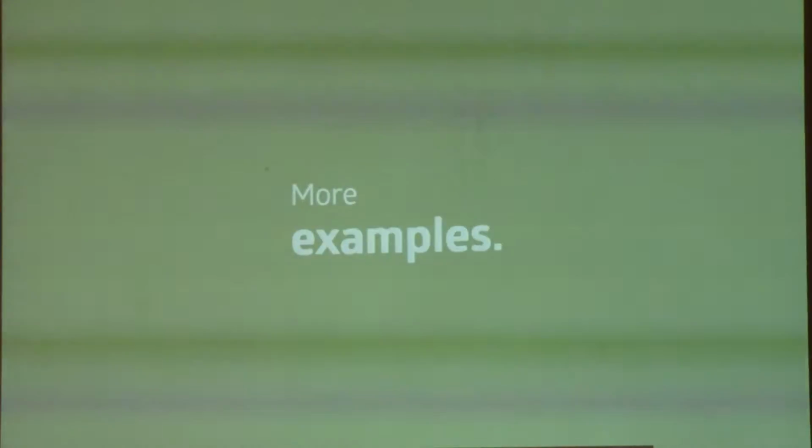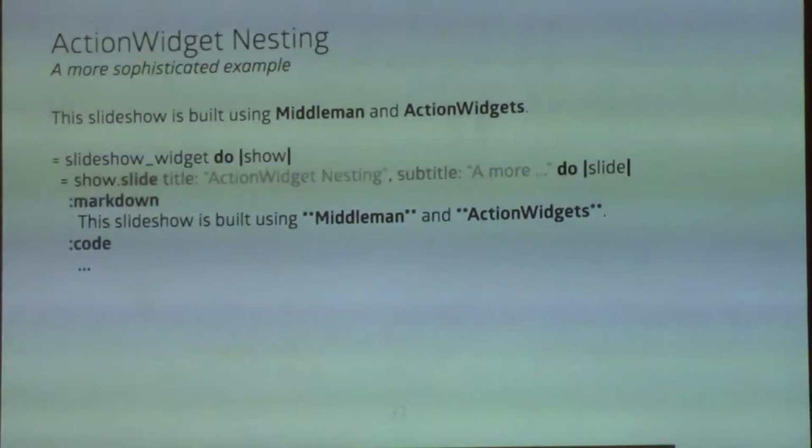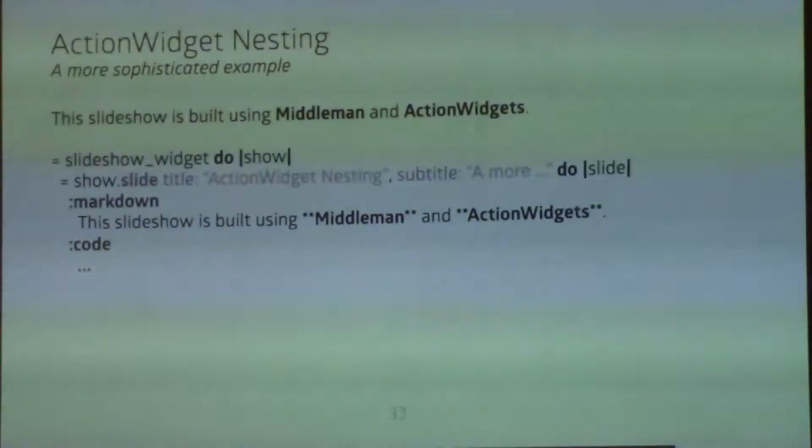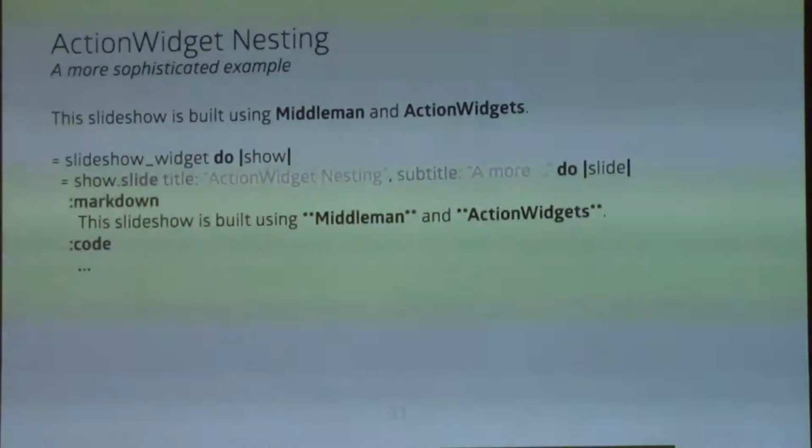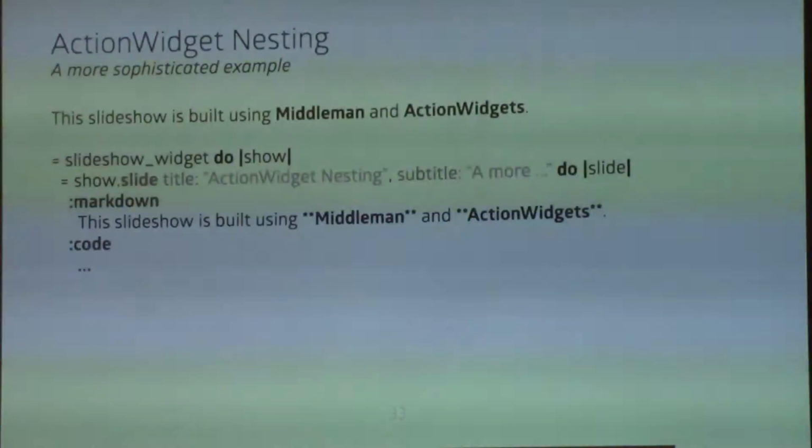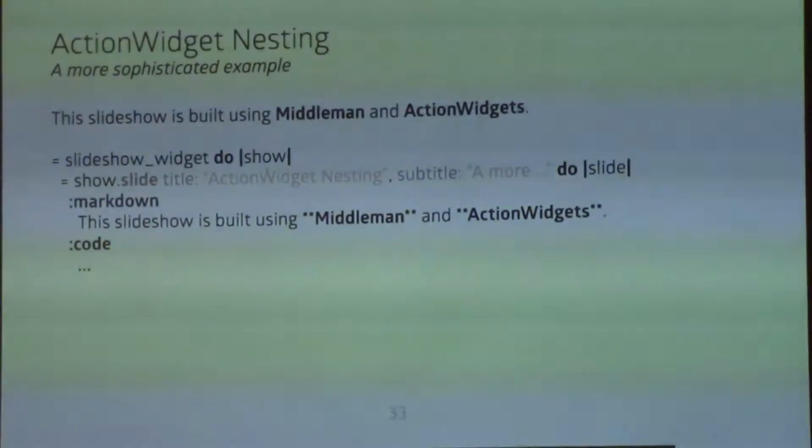I'm going to show you some more examples of more advanced widget definitions. So the code you see here is actually rendering this slide. The entire slideshow, as well as the one I presented at RubyConf, is based on Middleman and uses ActionWidgets.